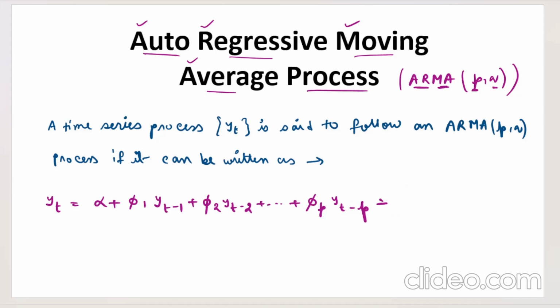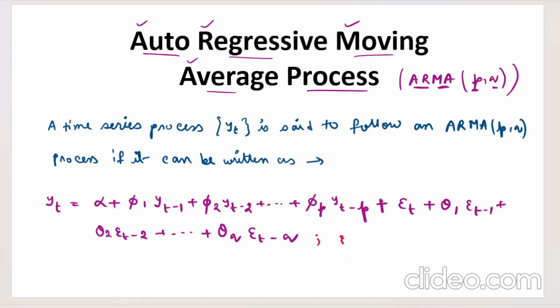Then plus the MA part: epsilon t plus theta 1 epsilon t minus 1 plus theta 2 epsilon t minus 2, and this goes on up till theta q epsilon t minus q, right?